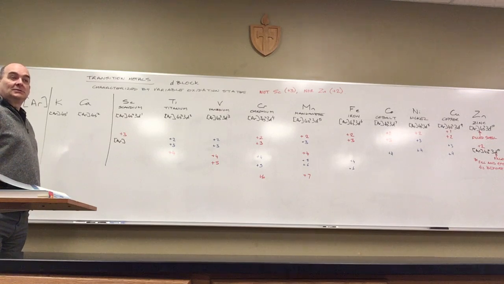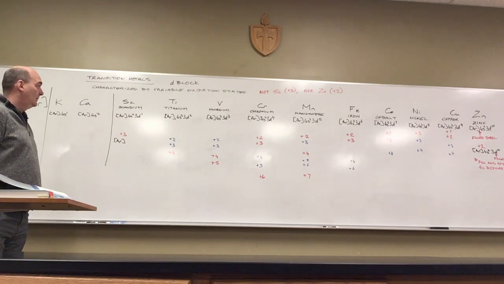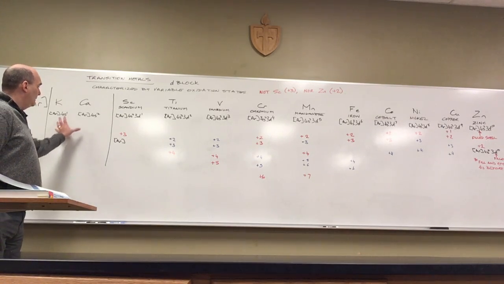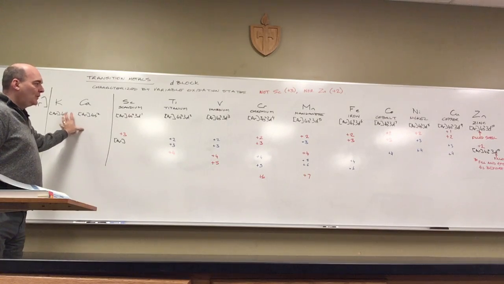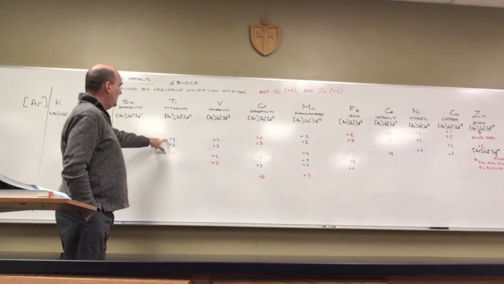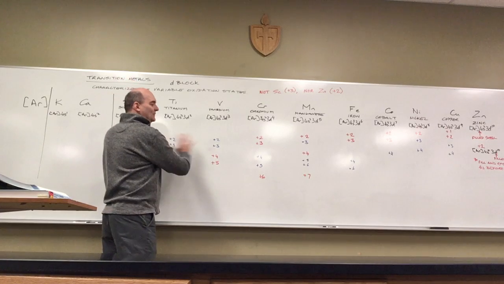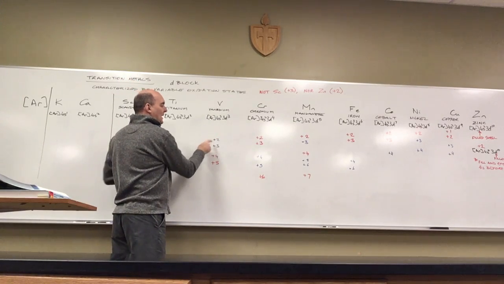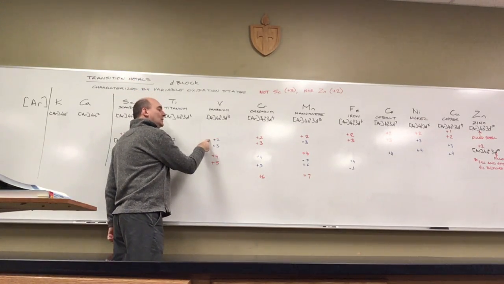Filled orbitals are stable, and half-filled orbitals are stable. But we should be losing both of those, and that's why even at the left-hand side, these 2 don't really kick in.